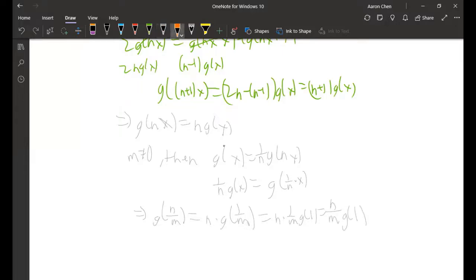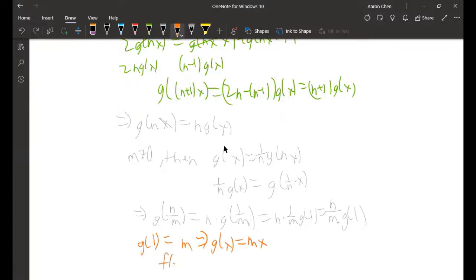And now, if we let g of 1 be equal to m, then what we'll get is that g of x is equal to mx.